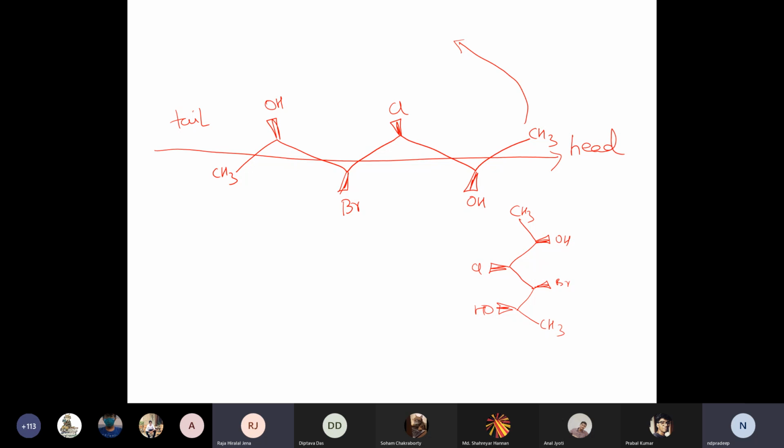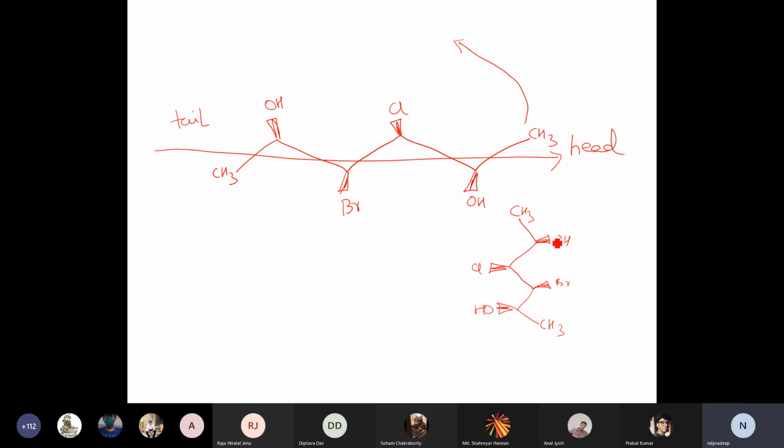That is for biphenyl and other systems. Don't confuse that. I will teach you when I take tomorrow's class. For this type of system, this is a simple rule. Don't confuse, or you will end up in problem.